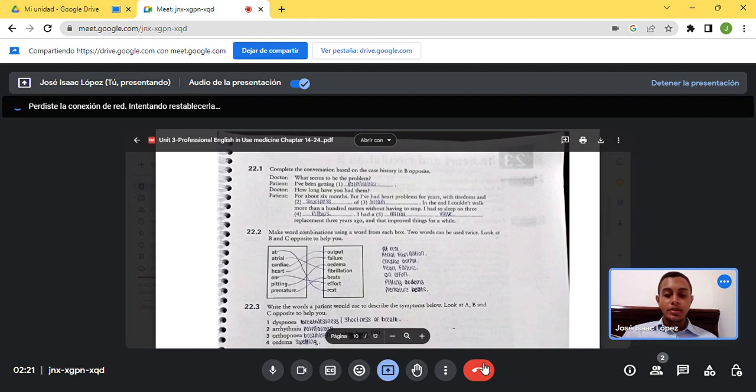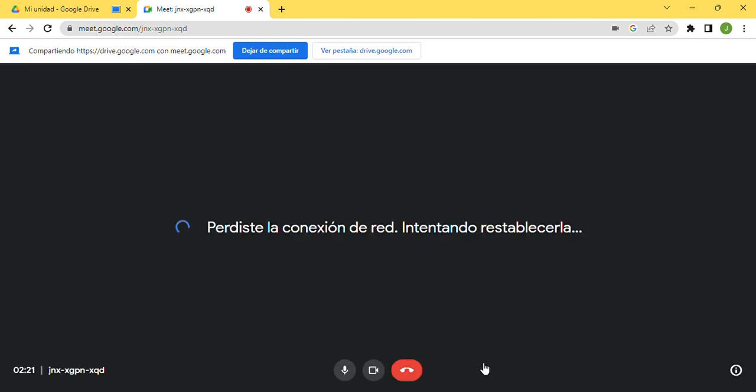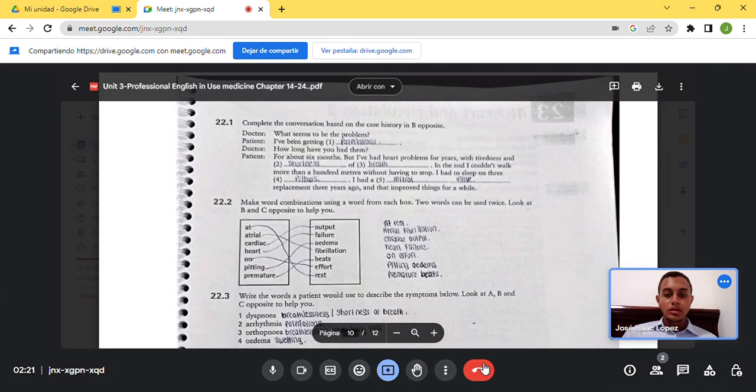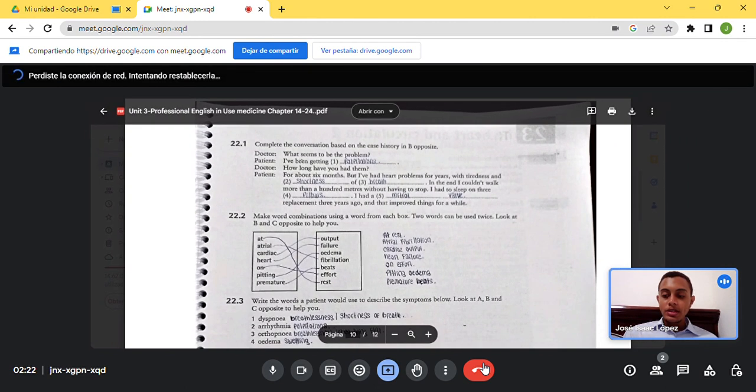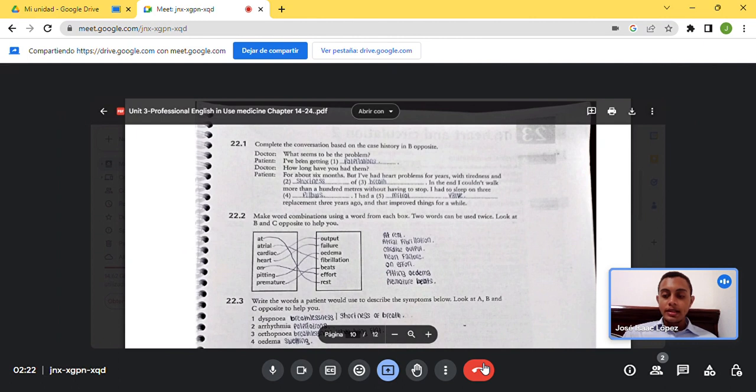I had to sleep on 3 pillows. I had a mitral valve replacement 3 years ago, and that improved things for a while.